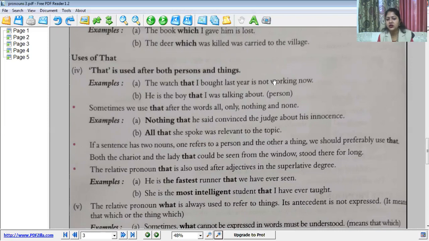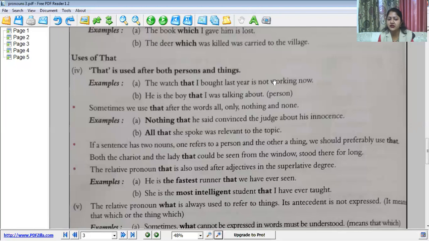Now here, the fastest, they have put the adjective. Fastest is the adjective in the sentence. They have only highlighted this to show you the emphasis. So you will not underline the fastest as a relative pronoun. You will underline that as the relative pronoun.